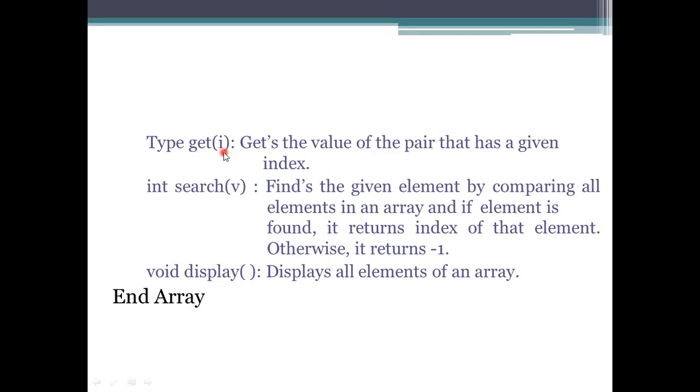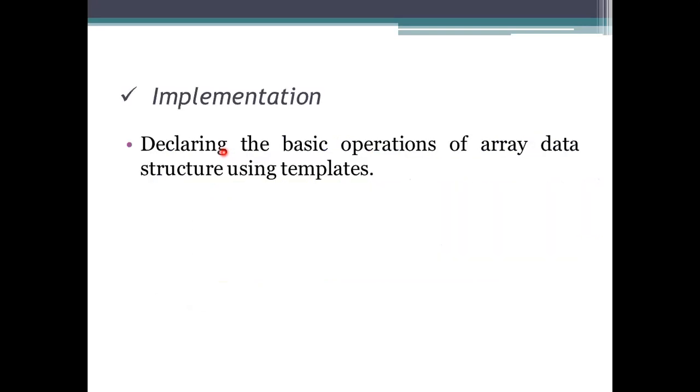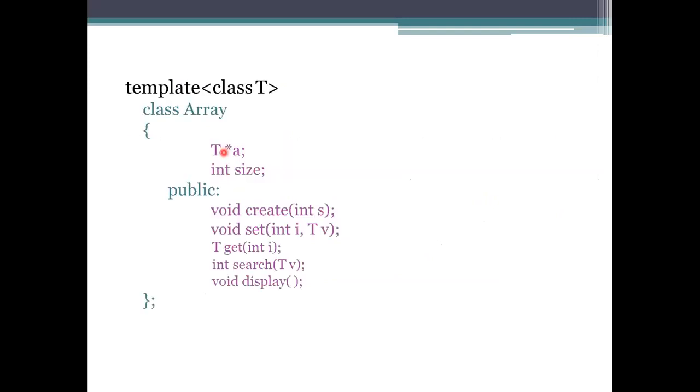And if you want to display all the elements in your array, we can use the display method here. Now, how are we implementing this? First, we need to declare all the operations we are using in the template representation.